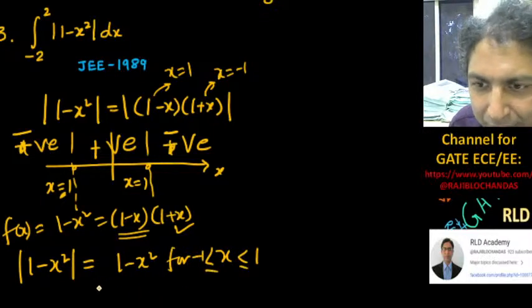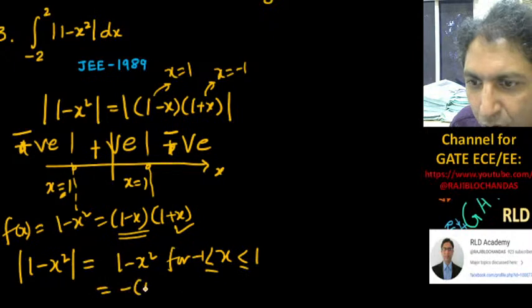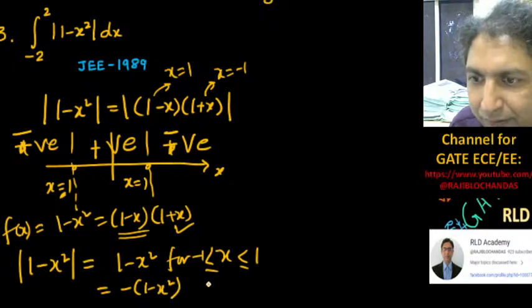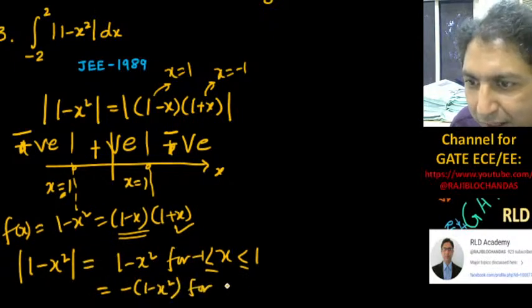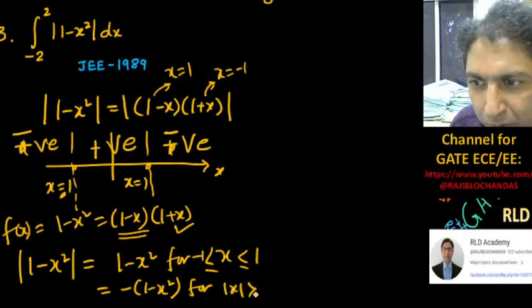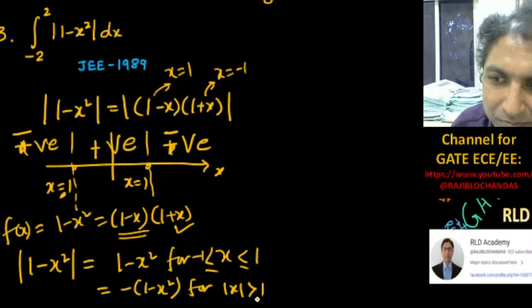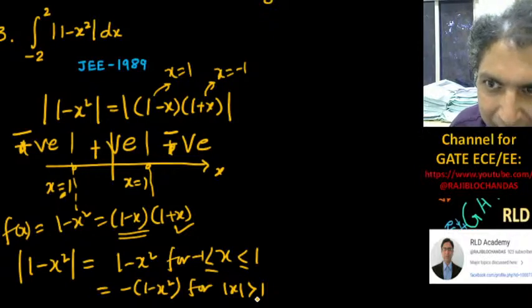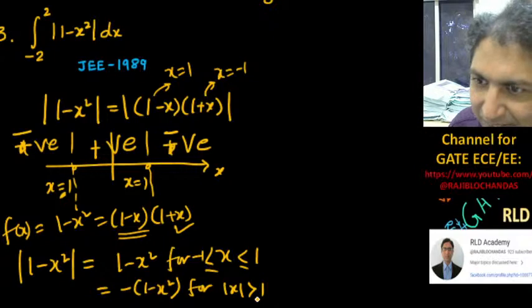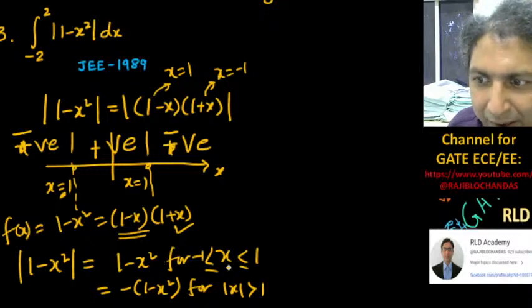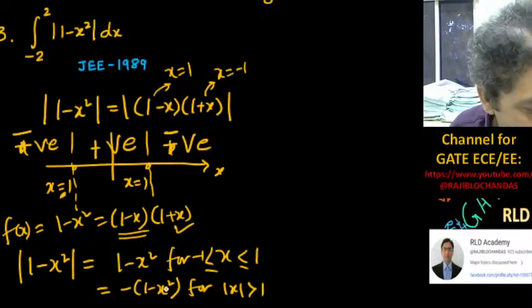Okay, and this will be negative of 1 minus x square for mod x if mod x is more than 1. Right? If mod x is less than 1, then x is within plus 1 and minus 1, it will be positive only. So it is 1 minus x square, and outside this one it is negative.